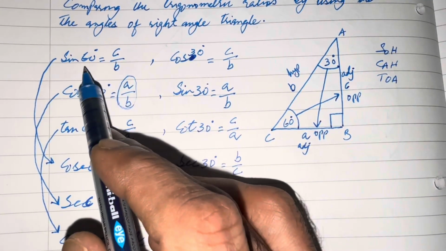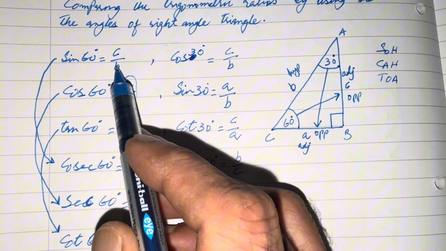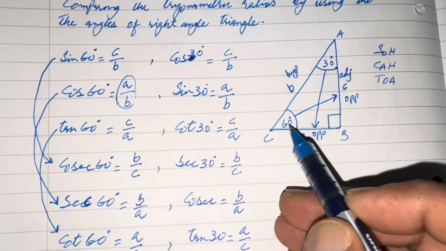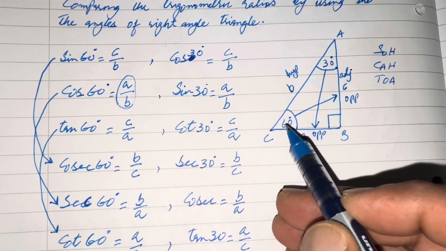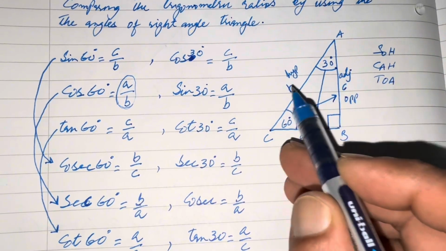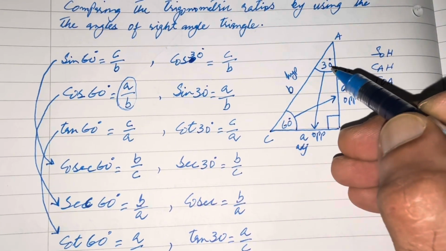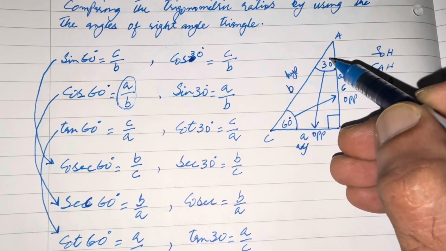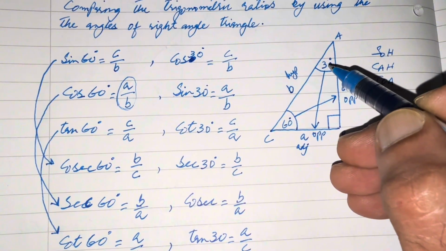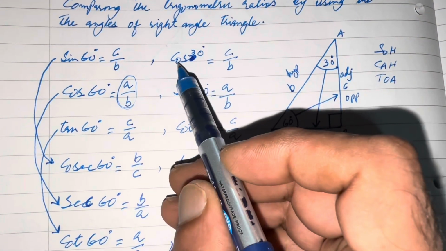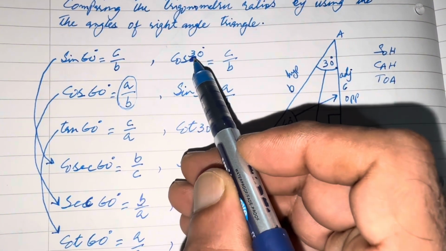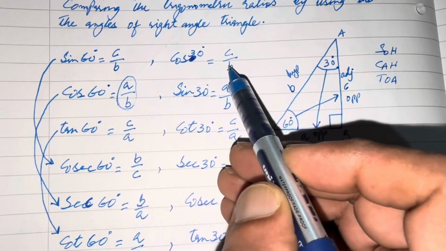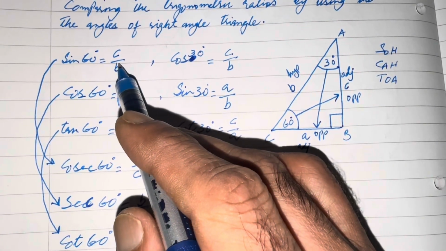If we find sine 60 is equal to C over B, then it will be equal to the other angle 30 with the ratio cos. So cos 30 is C over B and sine 30 is C over B.